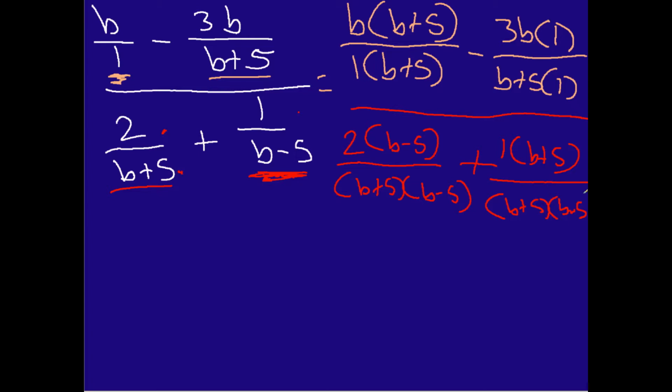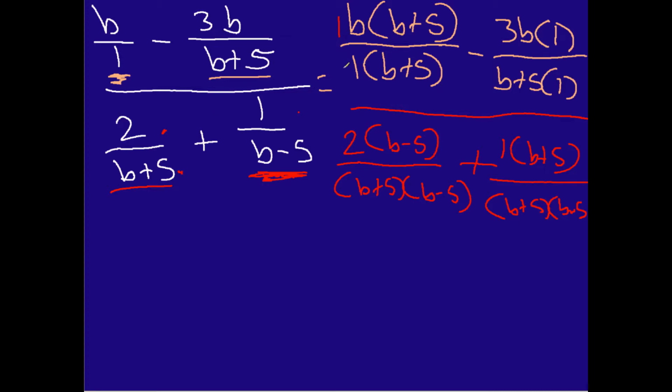Now, we can take the next step and try to simplify all this madness that we have so far. So essentially, this is what I have so far. So right here, I'm going to deal with this guy up here, the numerator. Let me give you a slightly different color.